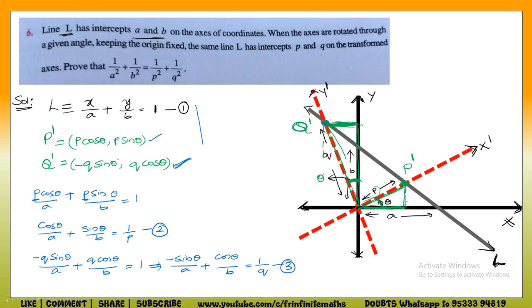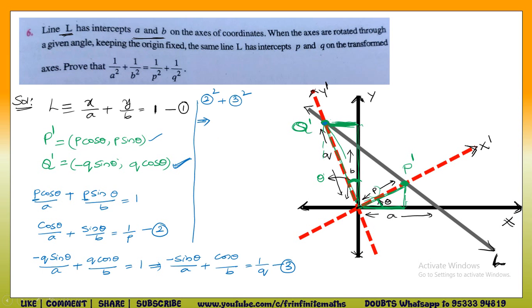Now what I am going to do is square equation 2 and equation 3 on both sides and then add. That means equation 2 whole square plus equation 3 whole square. So squaring and adding, on squaring what I am going to get, this becomes cos square theta by a square plus sin square theta by b square plus 2 cos theta sin theta by ab.